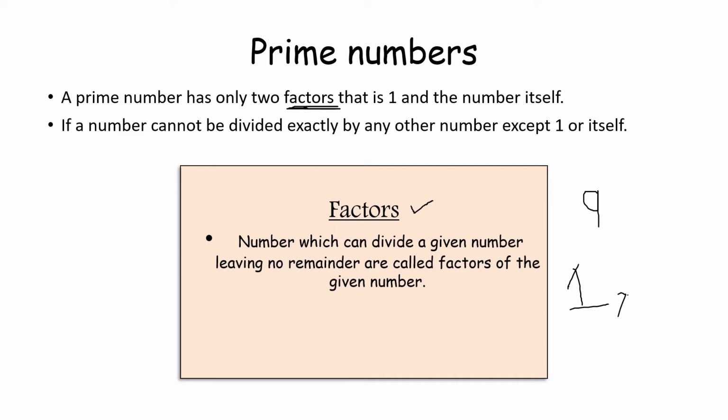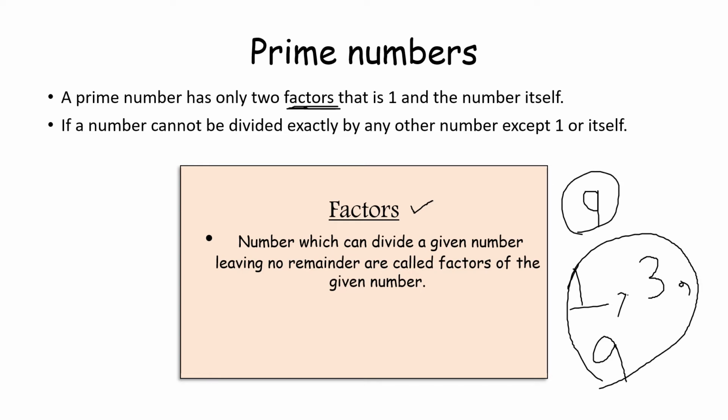No, 2 cannot divide 9. 3, yes, so 3 is a factor of 9. 4 cannot divide. Similarly 5 cannot divide. 6, 7, 8, and 9 ones are 9. So these three are the factors of the number 9. So the numbers which can divide the given number are called factors of that number.